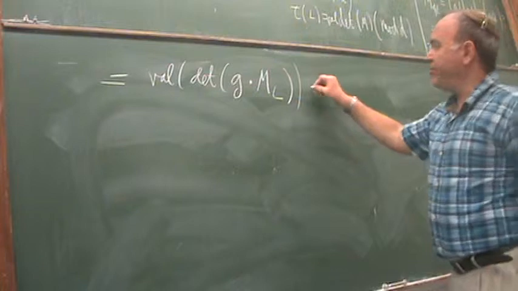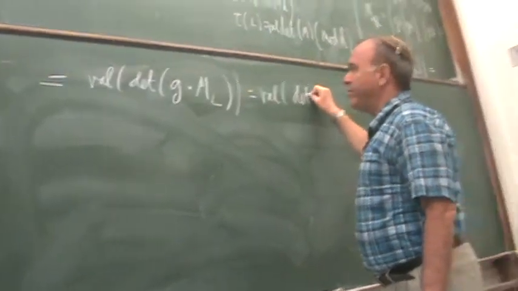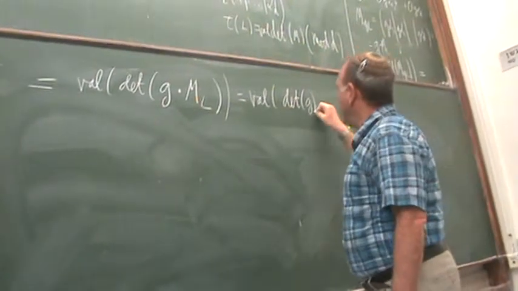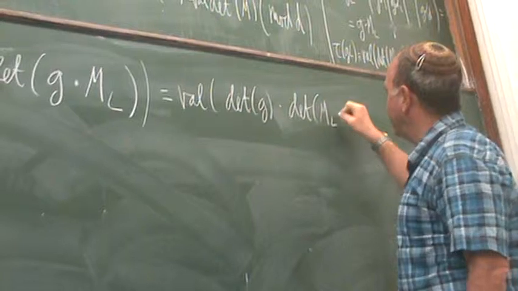And this is equal to the valuation of the determinant of G times the determinant of M of L.